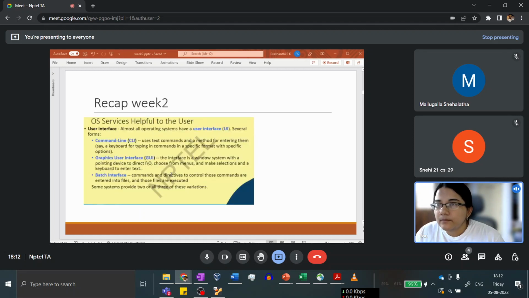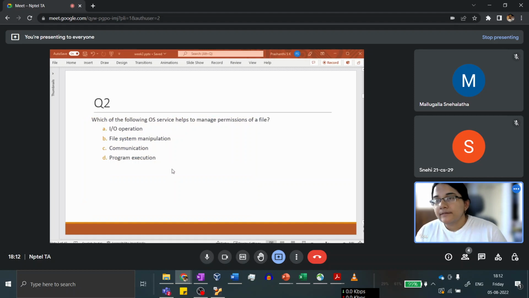Okay, moving on to the next question. Which of the following OS services helps to manage permissions of a file? And your options are IO operation, file system manipulation, communication, program execution. So again, I'll wait for a little bit. Please type whatever you think is the answer into the chat. Doesn't matter whether it's right or wrong. This is a straightforward question again, if you've listened to the last week's lectures.